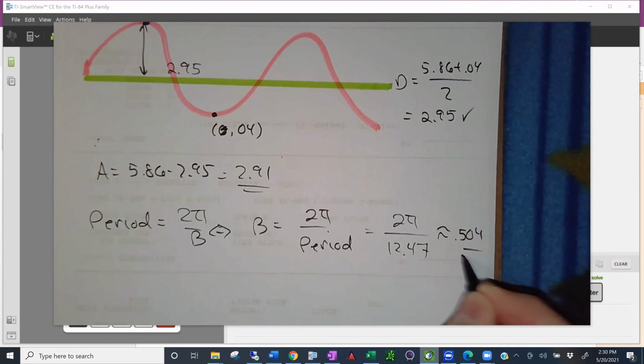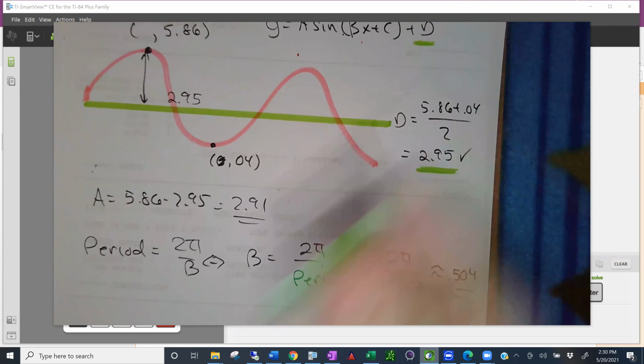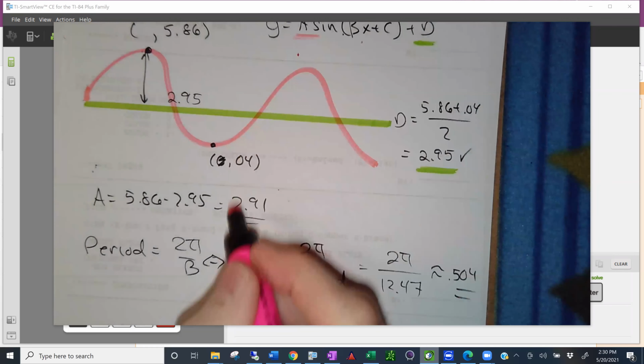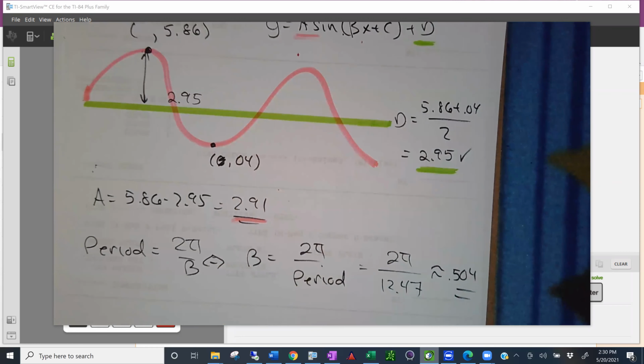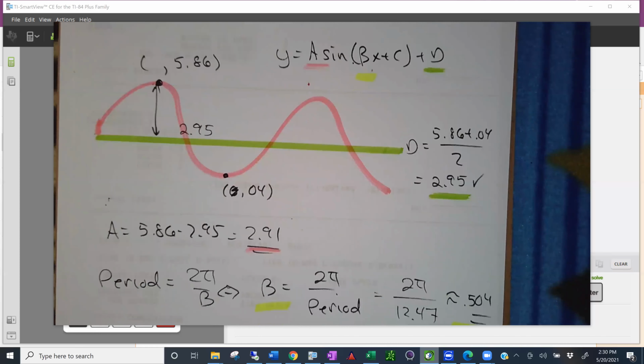Now we've got 3 down. We've got D, which is here. We've got A, which is here. And now we've got B, which is there. The only thing left we need to figure out is what C is. So let's see if we can figure out what C is.